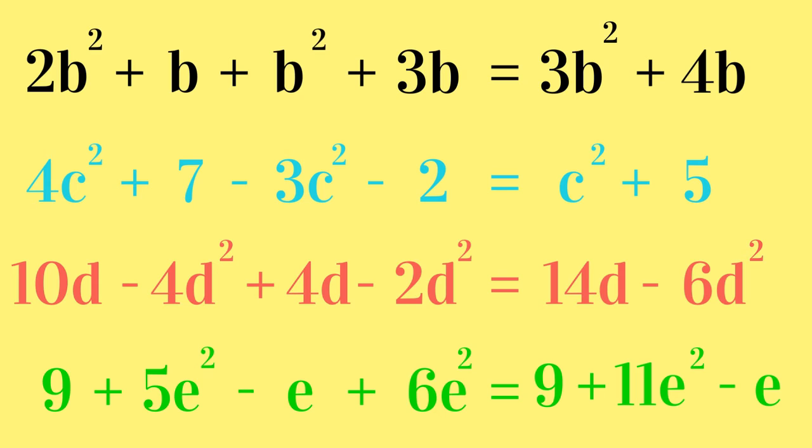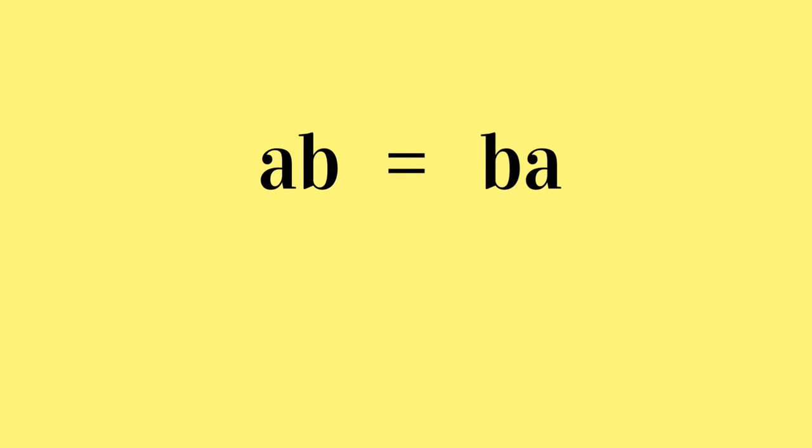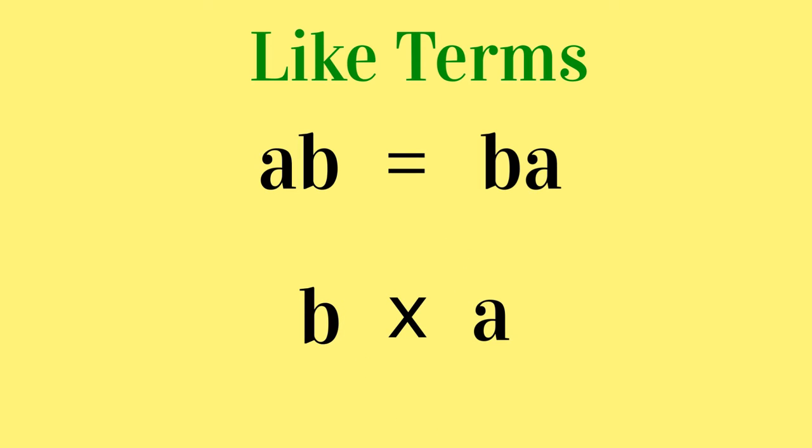One thing to remember in algebra is that AB is the same term as BA. Although written in a different order, these are the same two variables multiplied together, and so they are like terms.